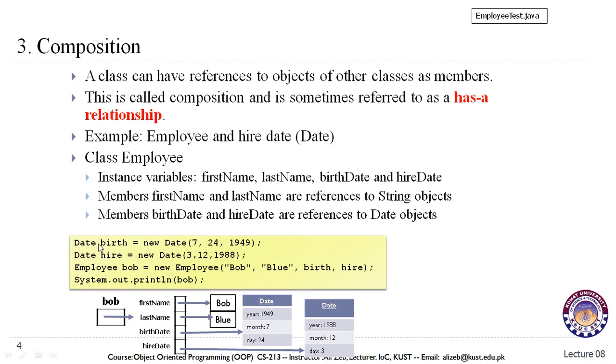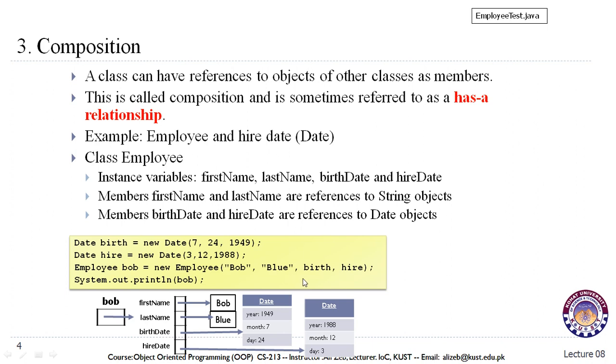What we have done over here is we have created the birth object of the date class that represents the birth date of the employee, and we have created a hire object of the date class that represents the hire date of the employee.